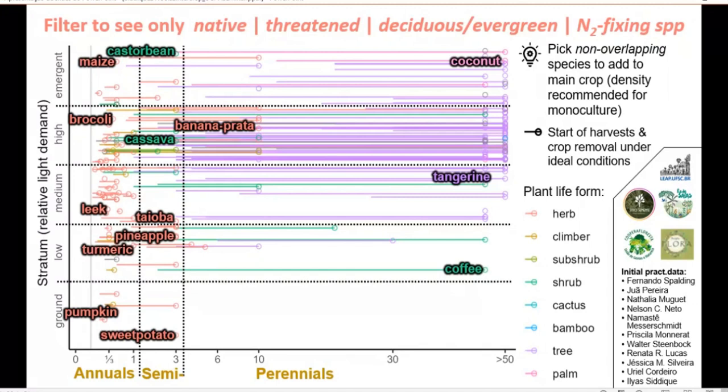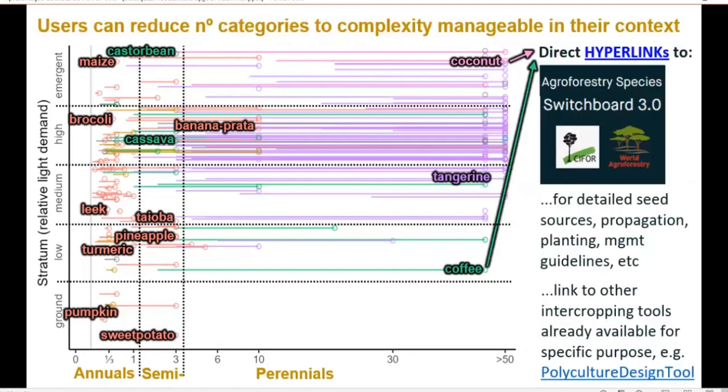We can pick particularly deciduous species if we want the overstory to be light transmissive in the dry or cold season. And we can pick particularly nitrogen fixing species if we need to enrich our system with nitrogen.